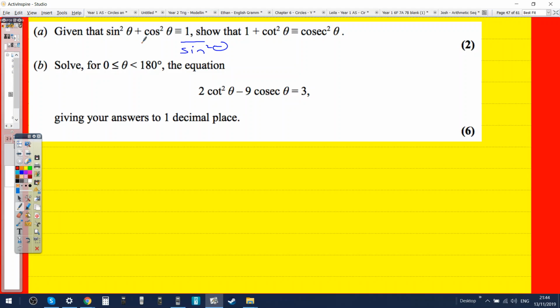Don't worry what you're getting. So you said you want to do it so it's 1 over sine squared theta. So divide everything by sine squared theta.